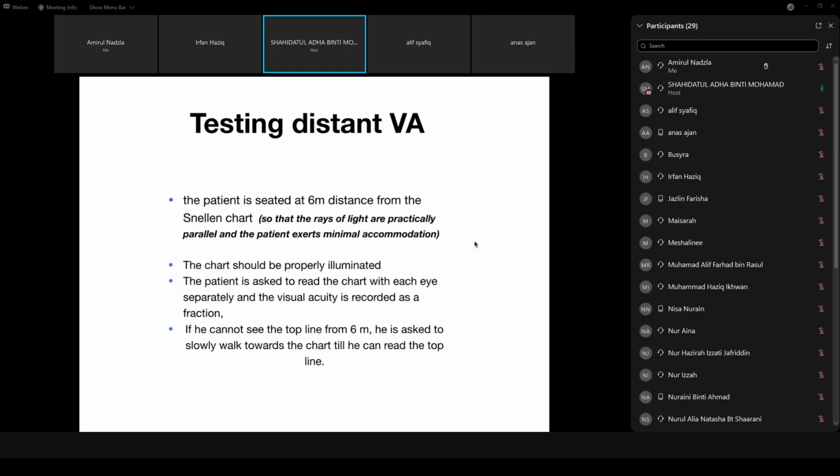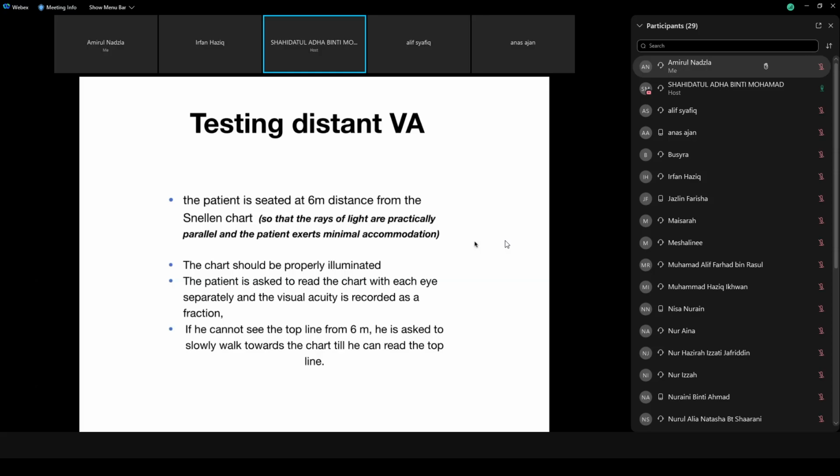So we put the patient at 6 meter distance. This is optical infinity and light will go parallel to the eye. And any chart that we use, whether Snellen chart or other charts in the clinic, you can go and see at room 17 or room 19 where we use the bellyl level chart, and all the charts should be properly illuminated.